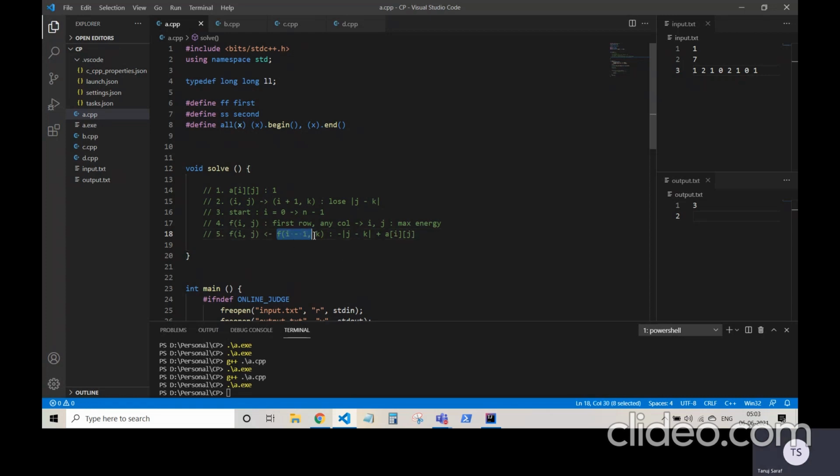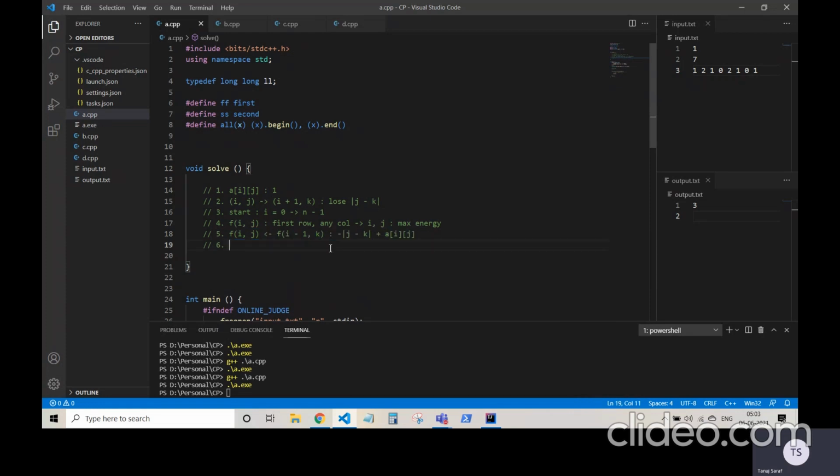So if somehow I knew the answer of f(i-1, k) already, then I could easily calculate the value of f(i, j), right? So this is a clear dynamic programming solution, and I think these states over here are also pretty clear.